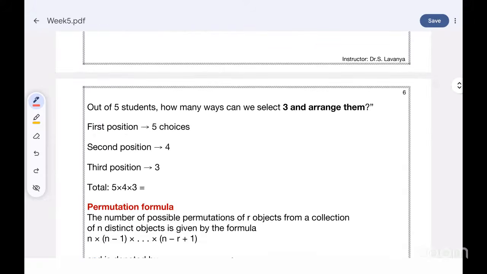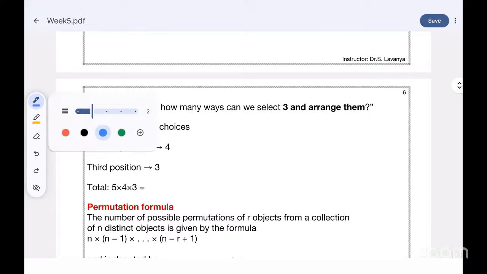Now, out of 5 students, how many ways can we select 3 and arrange them? Right? So, first position, we can have 5 choices. Second position, 4. Third position, 3. So, totally, how many choices are there? 60. 5 fours are 20 and then 60. Right?